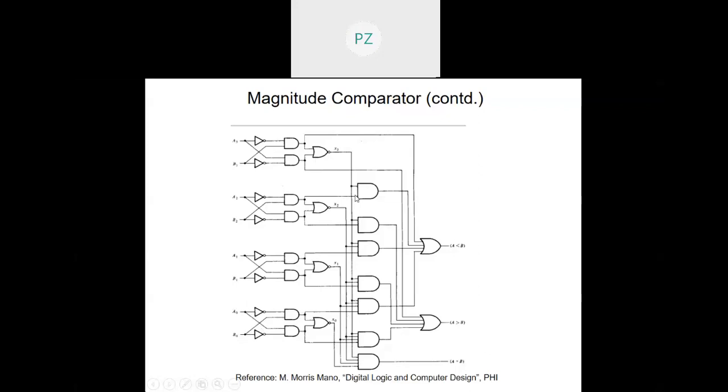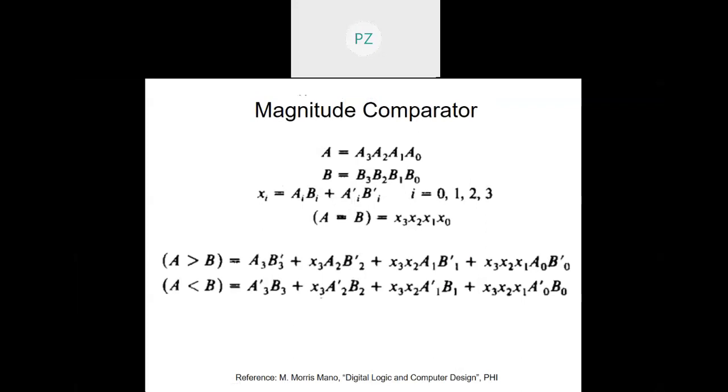If you want to increase it further, you will have x4 also, which will be A4 exclusive NOR with B4. Correspondingly, A greater than B will be A4 B4 dash, or x4 A3 B3 dash, or x4 x3 A2 B2 dash, or x4 x3 x2 A1 B1 dash, or x4 x3 x2 x1 A0 B0 dash.